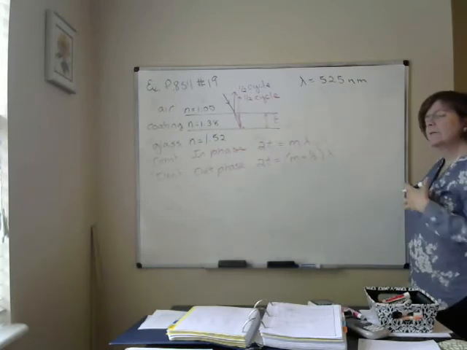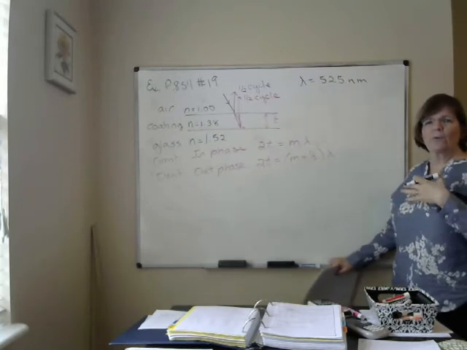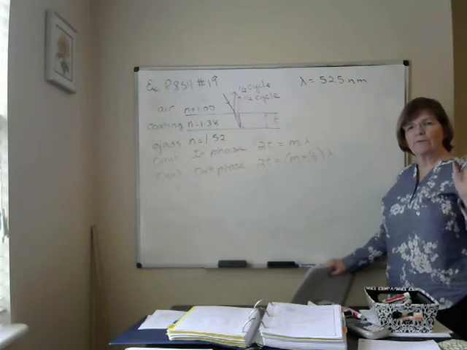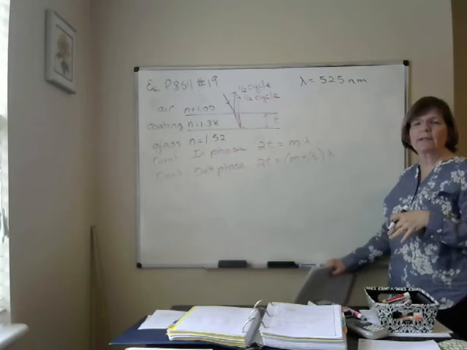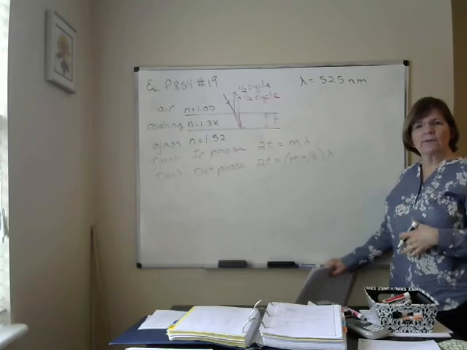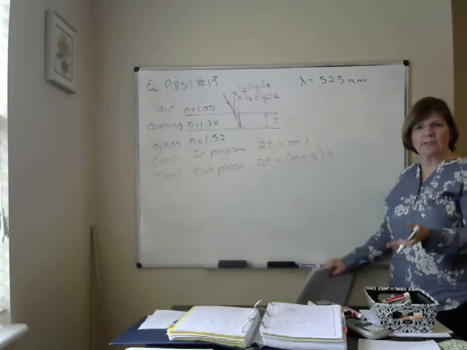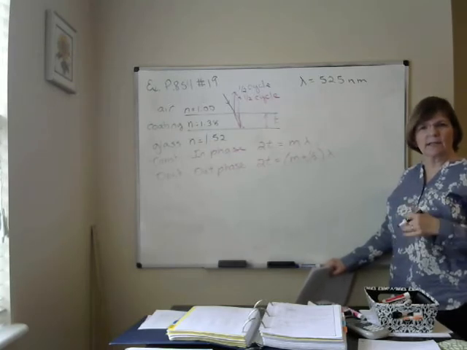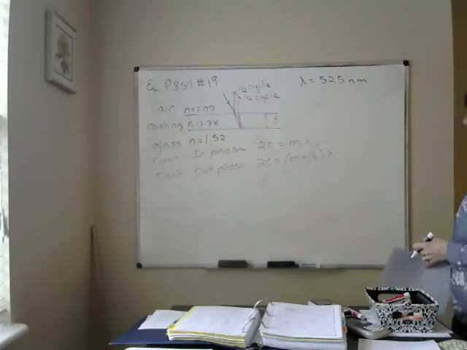Remember, most of the time in real life, we're dealing with white light, which goes anywhere from 400 to 700 nanometers. So typically, when they design non-glare coatings, they aim for the middle, somewhere around 550. Okay, so in this case, we're using 525.